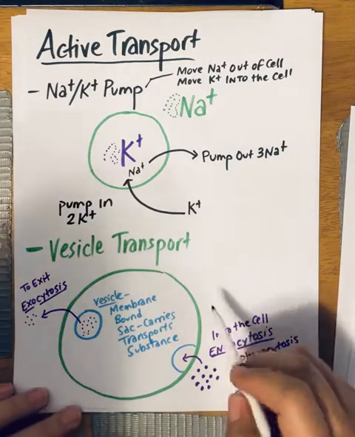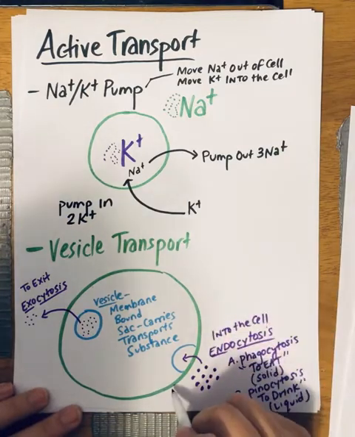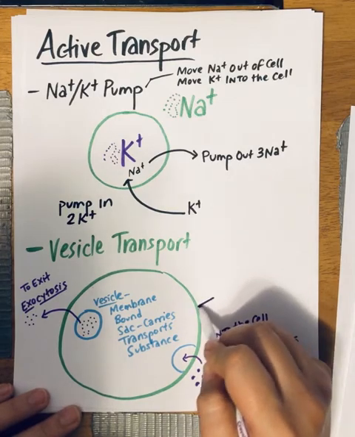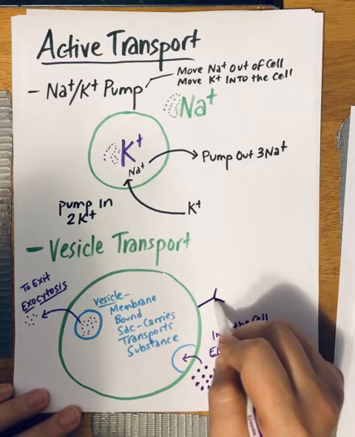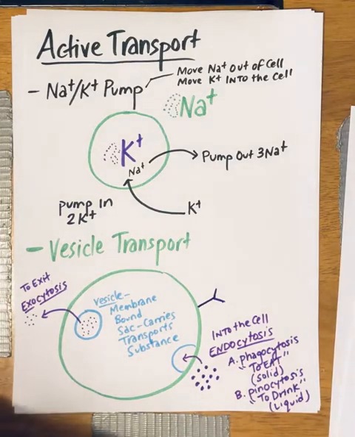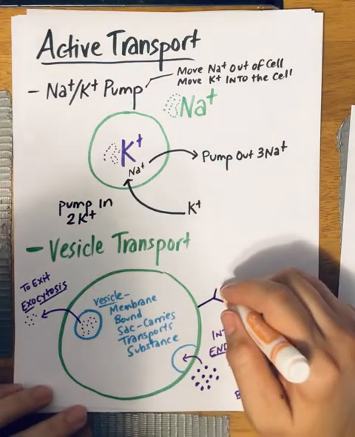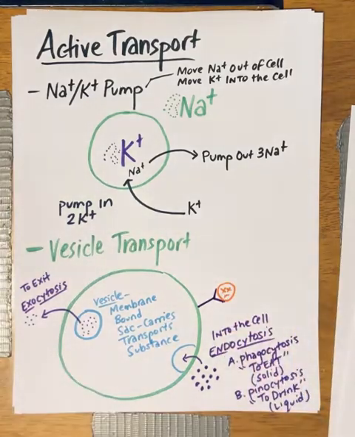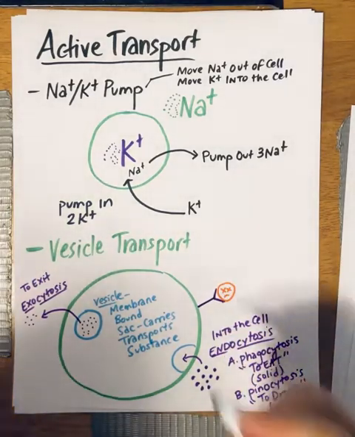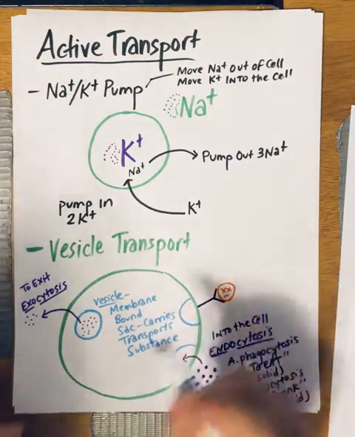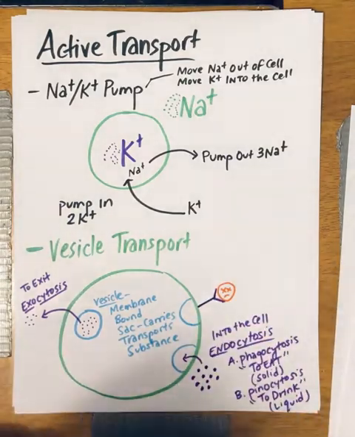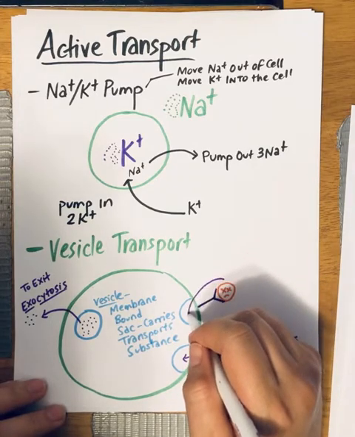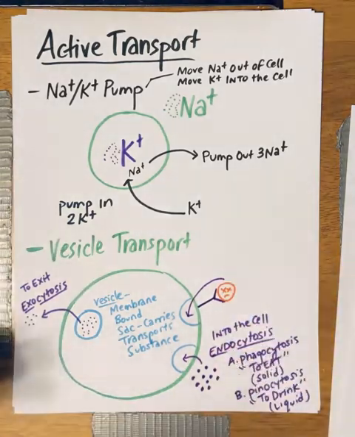Now, another type of endocytosis is if you had a receptor. Remember we said our glycolipids and our glycoproteins. Say you have a bacteria, a bad guy that we recognized as foreign, and you need to bring him into the cell to destroy him. You would take the receptor and the bad guy, and it would go into the cell.